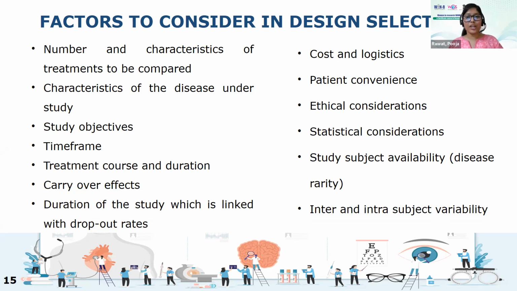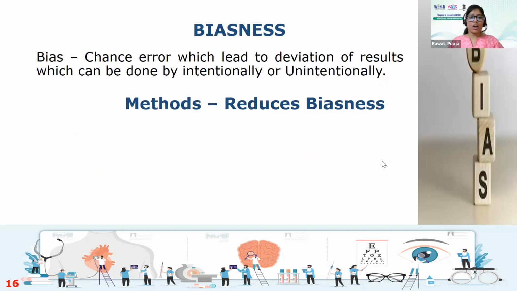So here you need to think about the aspects of trial design and the sample size also. Then comes the inter and intra subject variability, and this is the subsequent part. Okay, so these are the factors which affect the trial design selection.